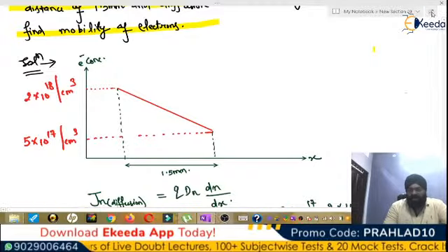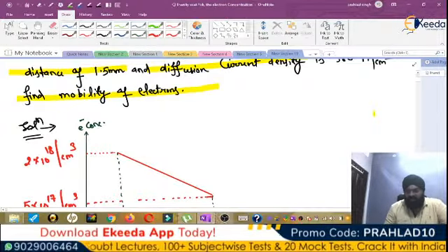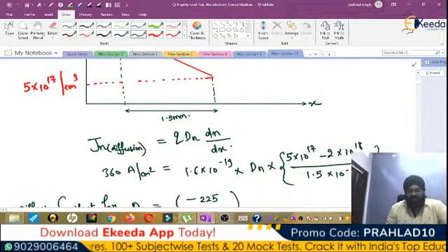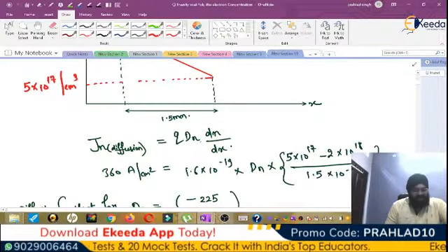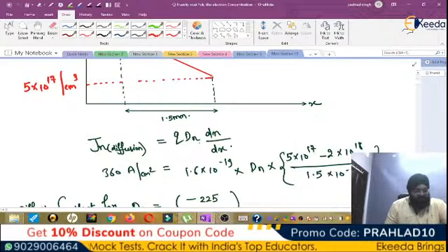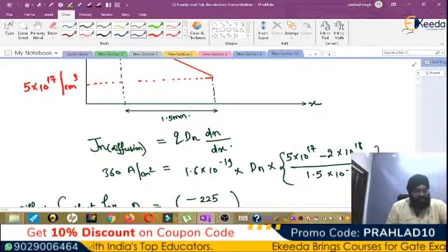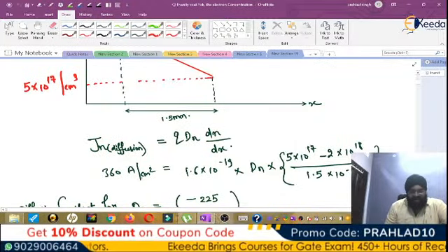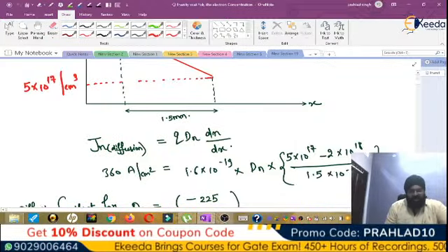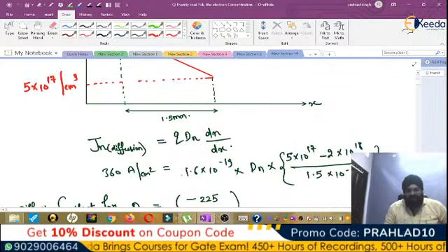So diffusion current will flow, and the density of diffusion current is q into Dn, where Dn is the diffusion constant, into dn over dx. The diffusion current density is given here as 360 ampere per centimeter square.